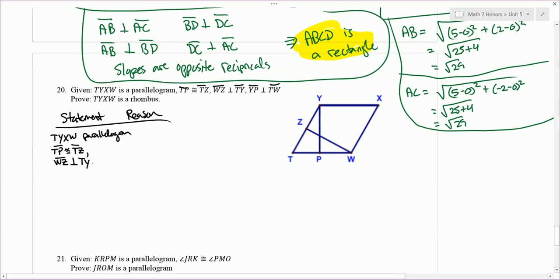And YP is perpendicular to TW. So let's mark what we have here. So TP is congruent to TZ. This is perpendicular here. This is perpendicular here. And our reason is given. Good first reason.